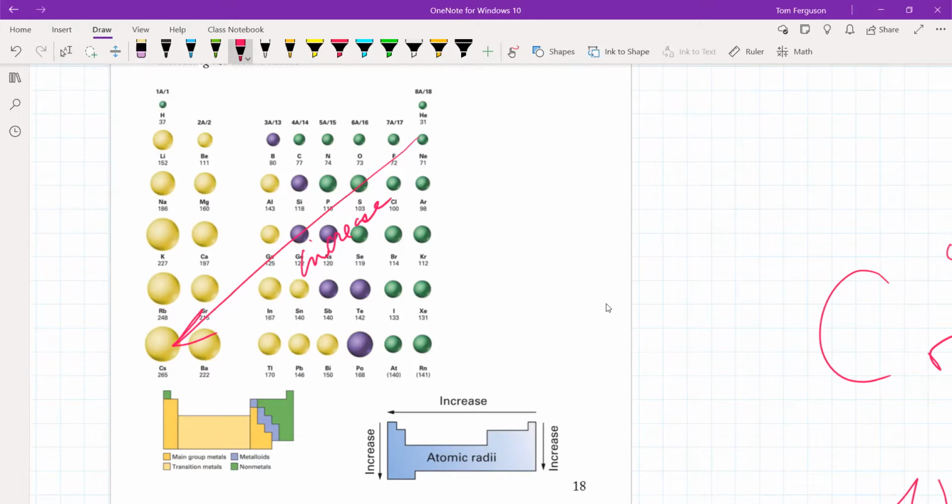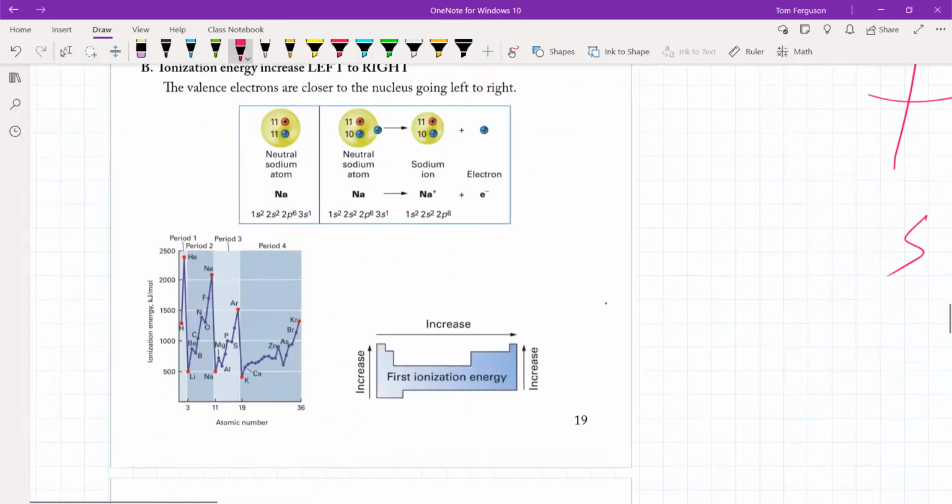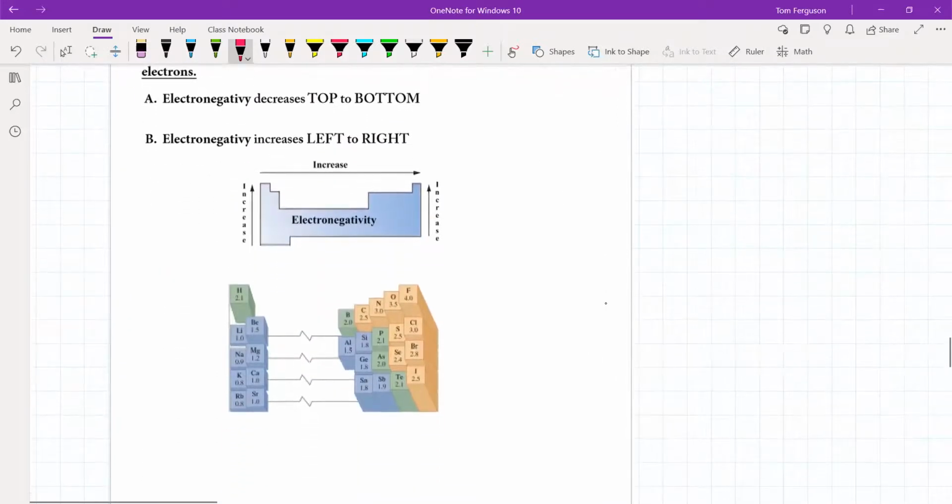The more electronegativity we have, which is the other term we talked about before, the more the element becomes smaller because it's seeking out electrons.